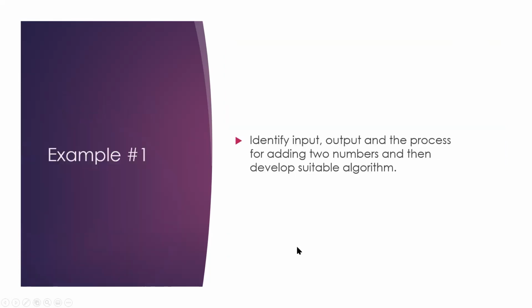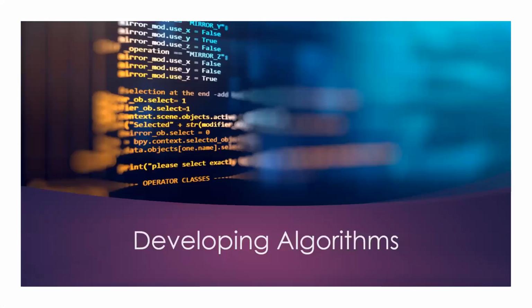So we discussed how to identify input, output, and process. For example, given 2 numbers, the 2 numbers are the input, and the total of the 2 numbers is the output, and to do that you have to add the 2 numbers together. This is what we call the analysis. So that part we have done.